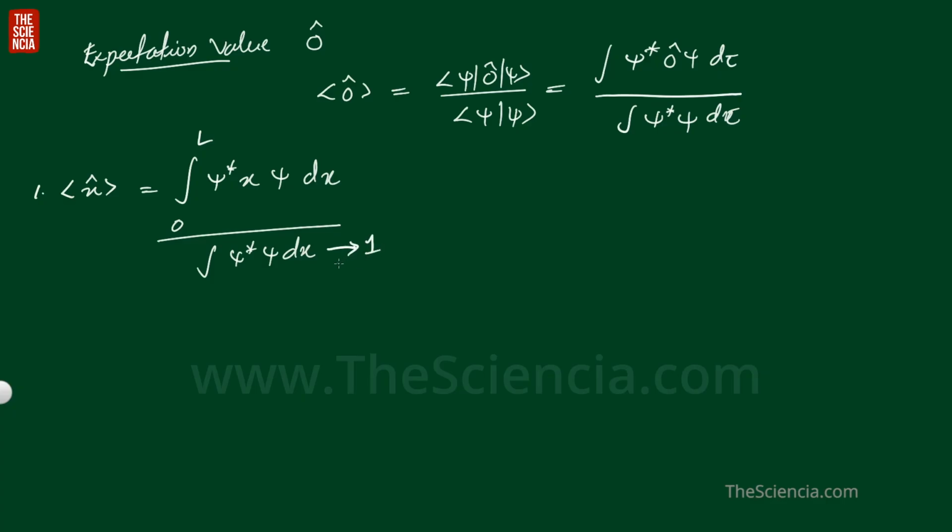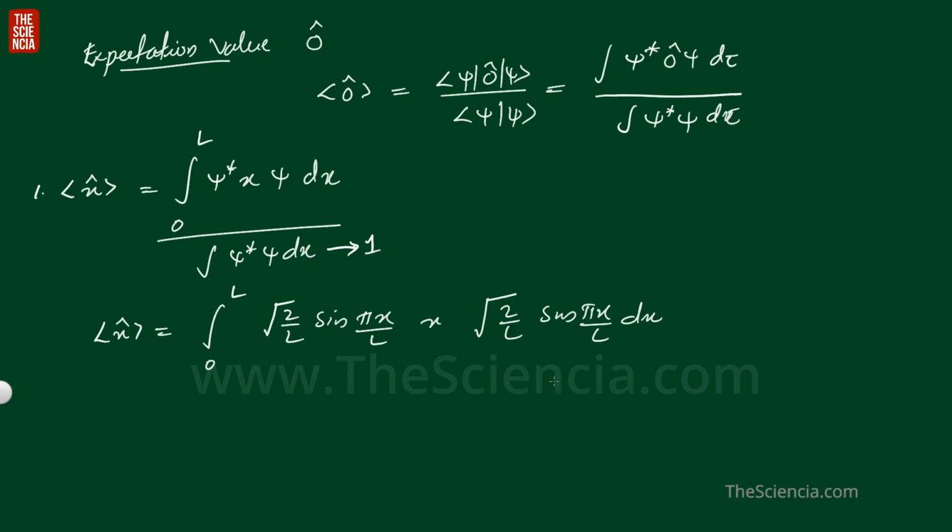So we have to bother only about the numerator. So what is this value? The expectation value of x is equal to integral 0 to L psi star, that is root 2 by L sin pi x by L, into operator, that is x, into root of 2 by L sin pi x by L into dx. What do we get?